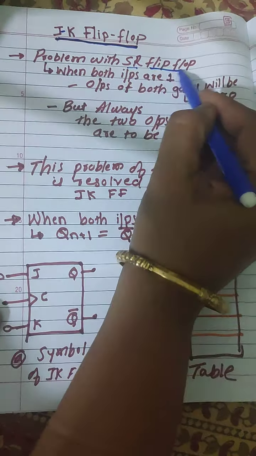So Q is connected to the lower AND gate where K is fed, and Q bar is connected to the AND gate where J is fed. So this is the logic diagram of the JK flip-flop.